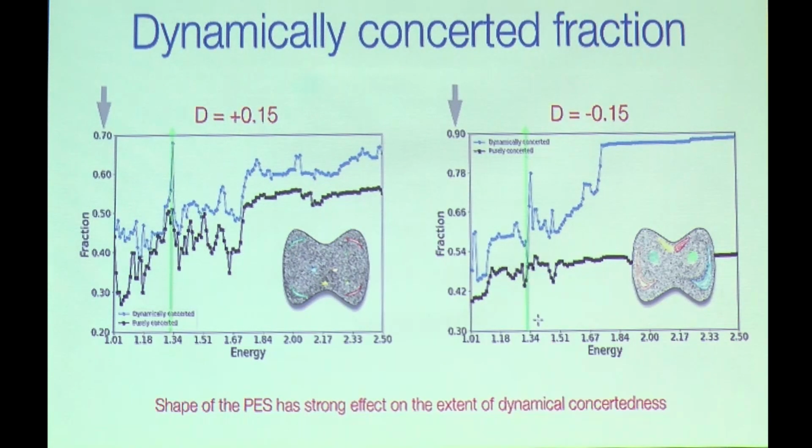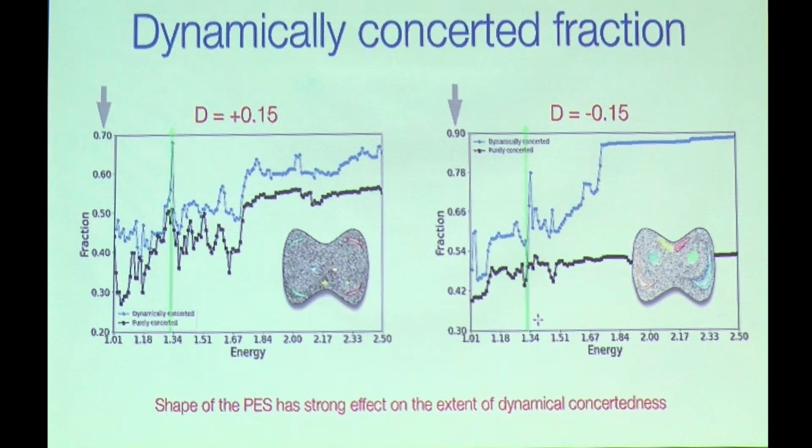Well, if you look at a particular parameter value, this D, which is there in the coupling, by the way, which also changes the shape of the potential, so it's an important parameter. This is all above the rank 2 saddle. This is going up and up, and you can see that there are these huge oscillations happening. The blue is the curve you want to look at, dynamically concerted. And you can see it's somewhere below 50% and actually crosses over.